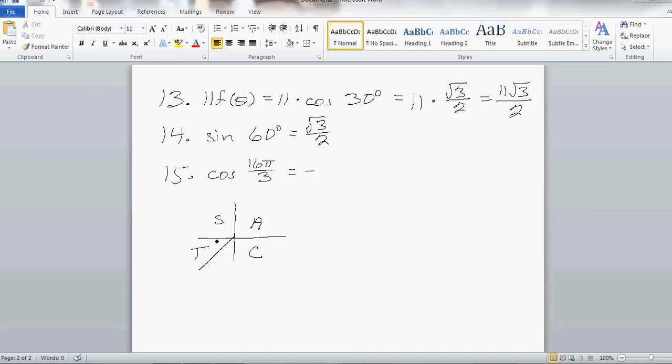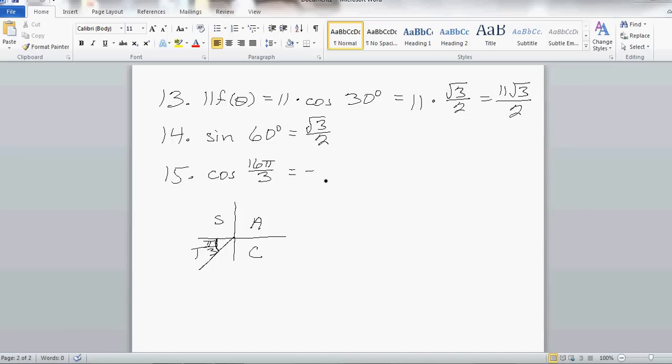Now what else we need to do is to find the reference angle. The reference angle always goes to the closest x-axis, and so how much further beyond this x-axis did we go? We went pi over 3. So this becomes the equivalent of what is the cosine of pi over 3.